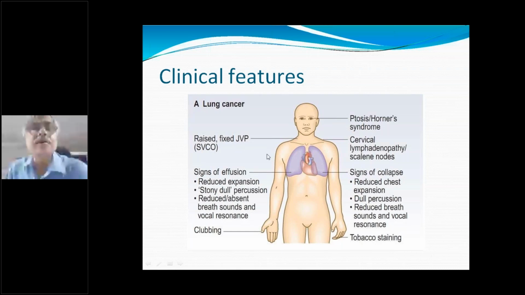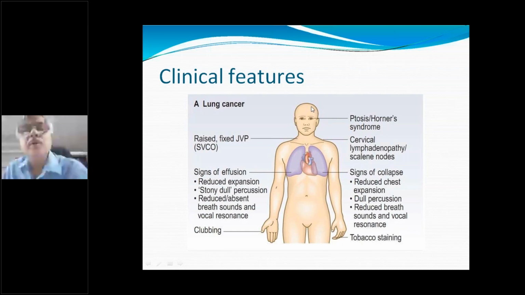One is of course superior vena cava syndrome. Because of superior vena cava obstruction in central tumors, the patient will develop superior vena cava syndrome. One is raised JVP and puffiness of the face.